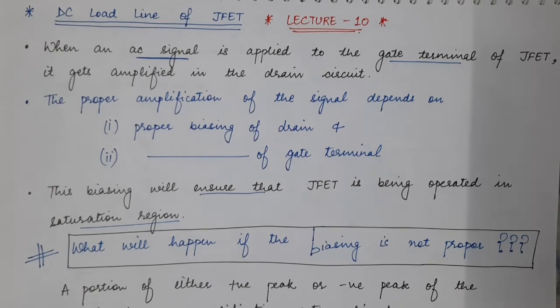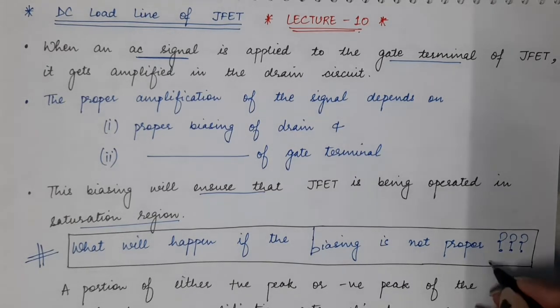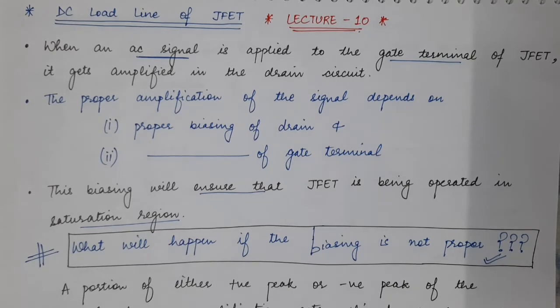And it will operate in a particular region only if the biasing is proper. So what will happen if the biasing is not proper? This we have already discussed in our previous semester in case of DC load line analysis of bipolar junction transistor.